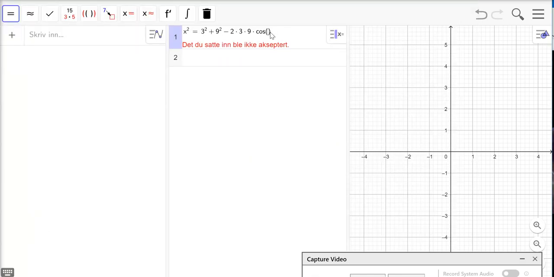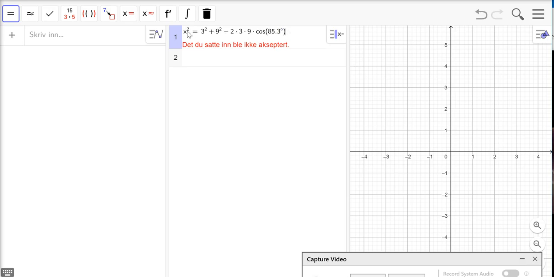So cosine 85, and of course a dot instead of a comma, and you have to have the degree sign, 85 degrees, and that's Alt and the letter O, Alt O, right?